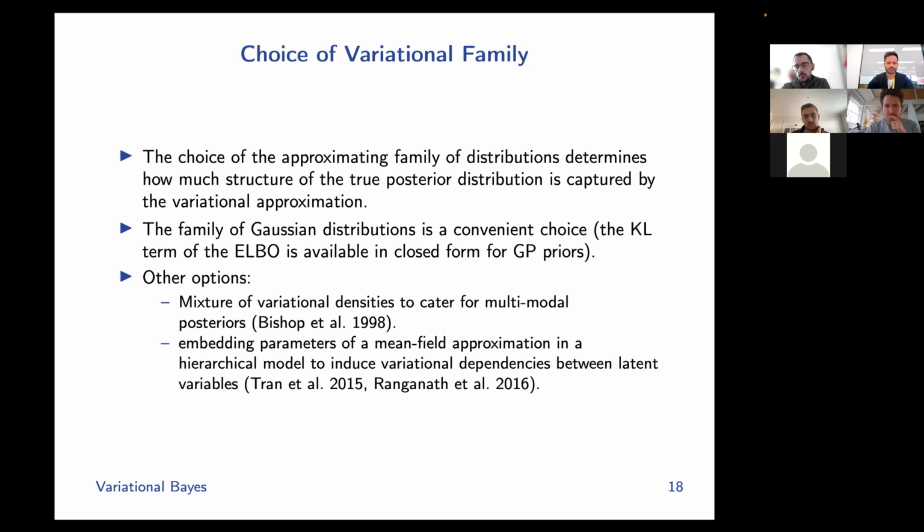For example, we can choose a mixture of variational densities when we have multimodal posteriors, or more recent approaches include hierarchical specification of the approximating distribution Q. If you're interested, I would look at these two references.